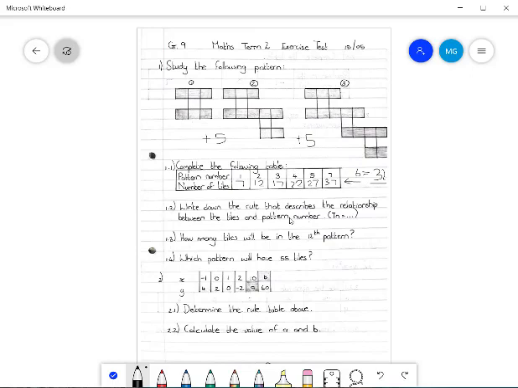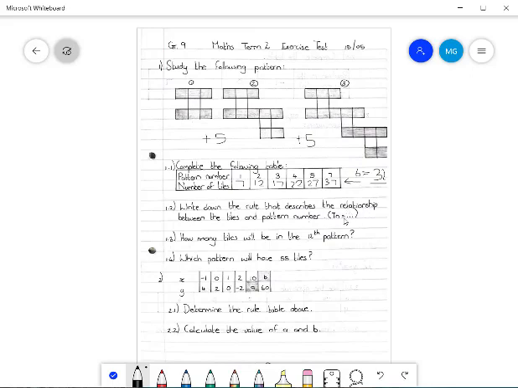1.2, write down the rule that describes the relationship between the tiles and pattern numbers. Now when we write down the rule, we write it down as term n, so it's the nth term, equals what? Meaning we need to get a way of figuring out what the nth term would be.